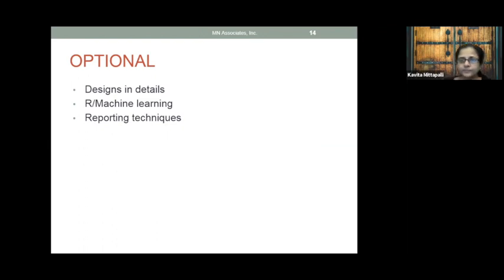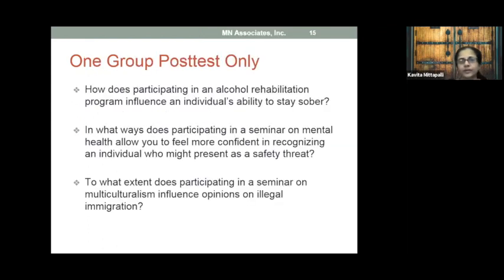Should I scan through these slides real quickly, especially because these slides talk about the designs that I talked about, with some examples. If you have this kind of question, what would be the research question and what would be the analytical technique that you would use?